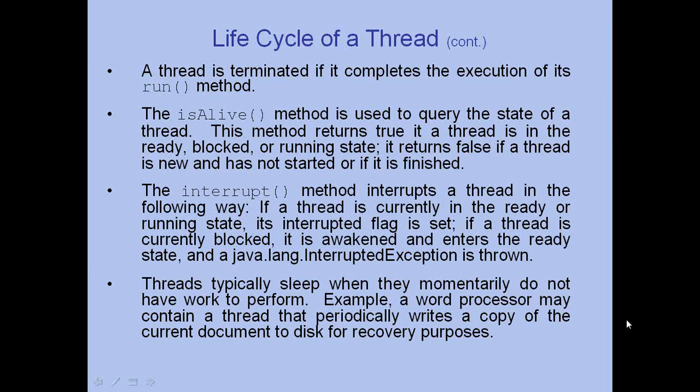When is a thread considered to be alive? Just before the start method is called, or as soon as the start method is called. As soon as the start method is called, it will not be in the running mode immediately.